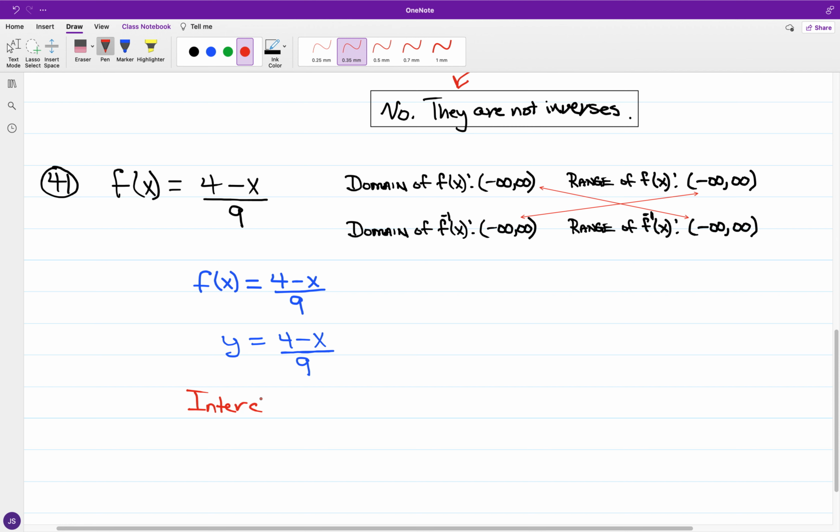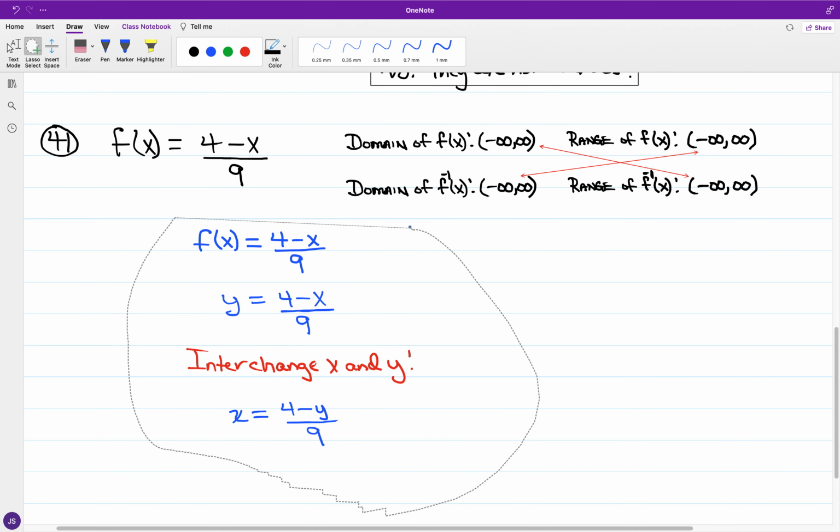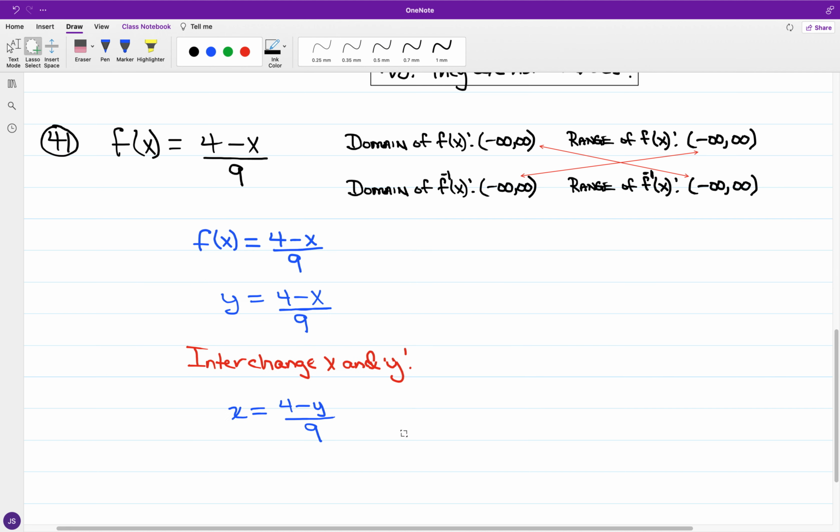So if I interchange x and y, what was y becomes x and vice versa. So we have x is equal to 4 minus y all over 9. And I'll be looking at solving for y to determine just what the inverse will be.